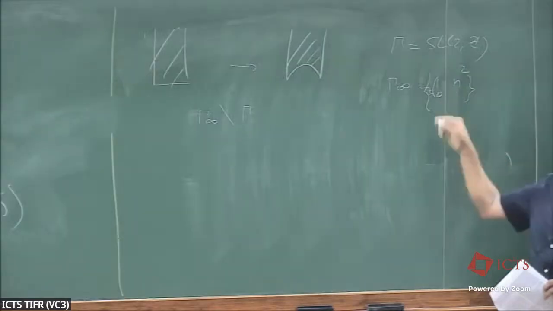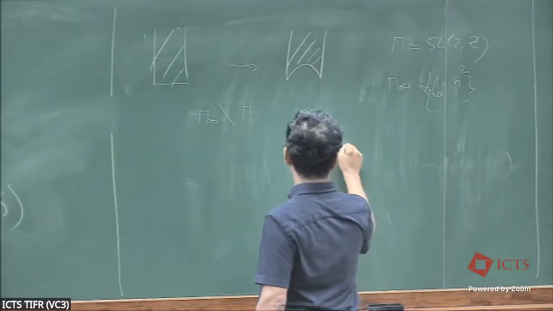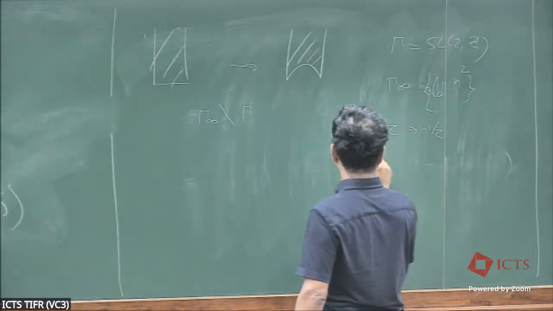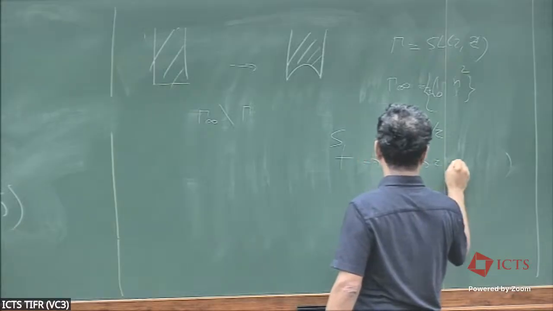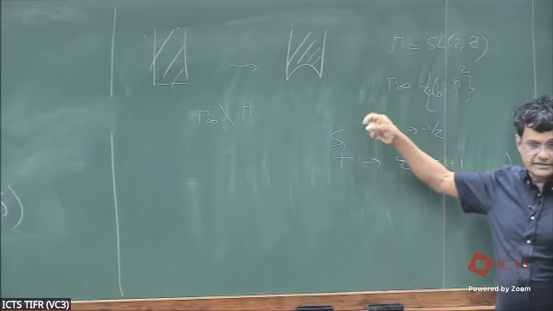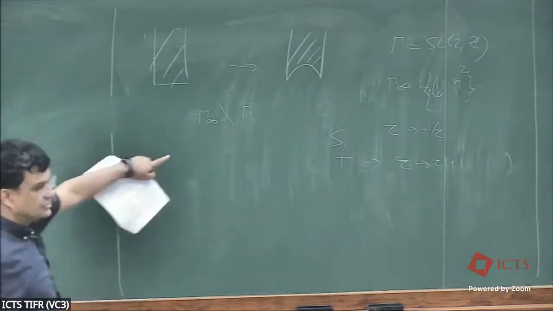This is like the T part. You know that SL(2,Z) is generated by S, which takes tau to minus 1 upon tau, and T takes tau to tau plus 1. Repeated action of this generates Gamma infinity. And if you mod it out, you get this coset.